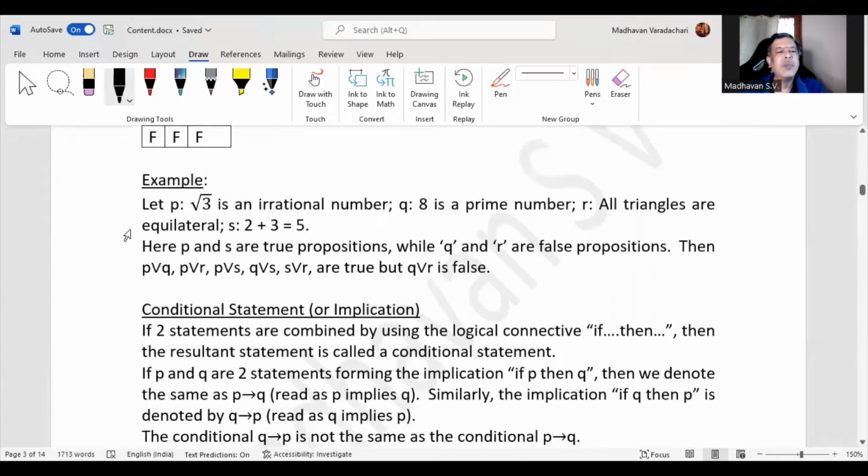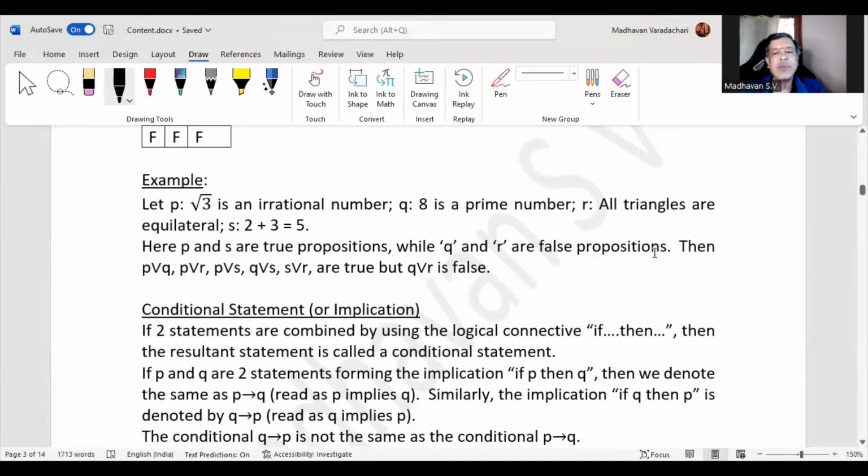Example, let P be, same example only we are considering. Let P be a statement which is root 3 is an irrational number. Q, which is said as 8 is a prime number. R, all triangles are equilateral. S, 2 plus 3 equal to 5. Here P and S are true propositions and Q and R are false propositions.